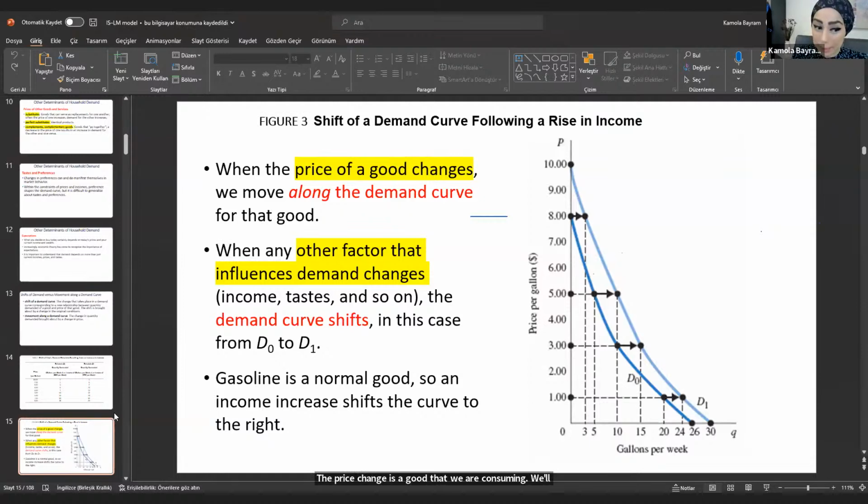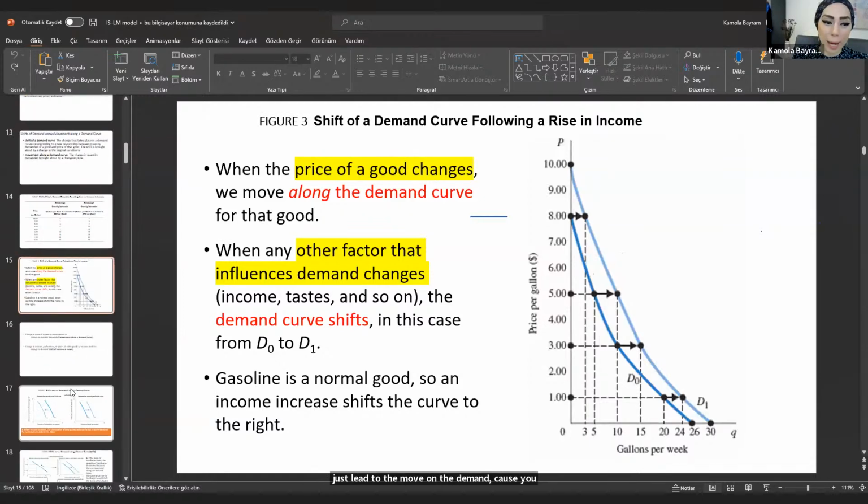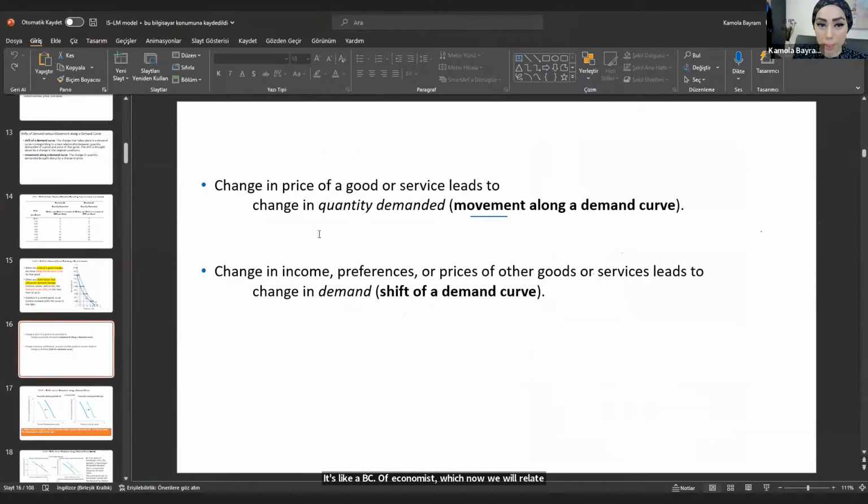You have to understand this very well. It's like the ABC of economics, which now we will also relate to the ISLM model. So a change in the price of a good or service leads to a change in quantity demanded, therefore a movement along a demand curve. Meanwhile, a change in income, preferences, or prices of other goods or services leads to a change in demand, which will shift the demand curve, okay?